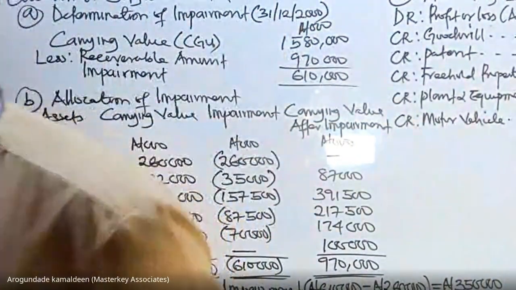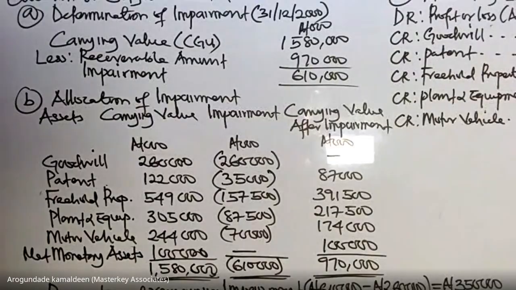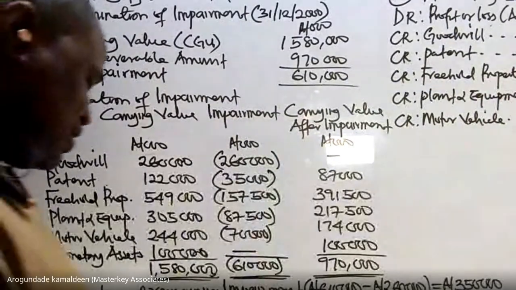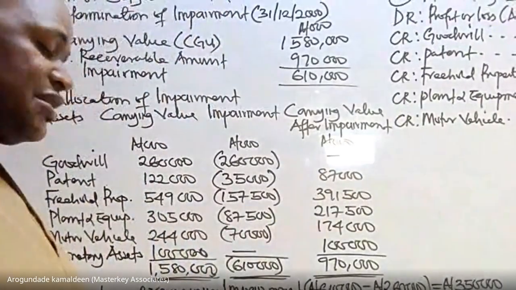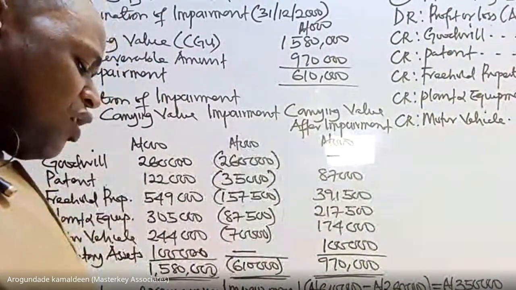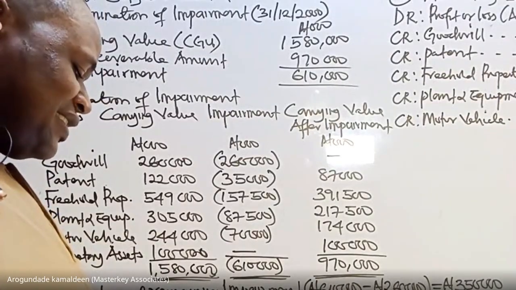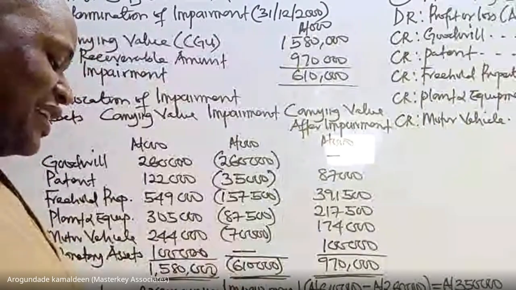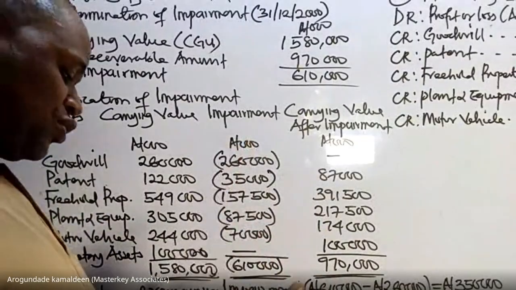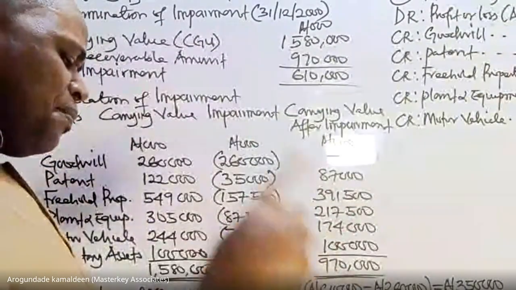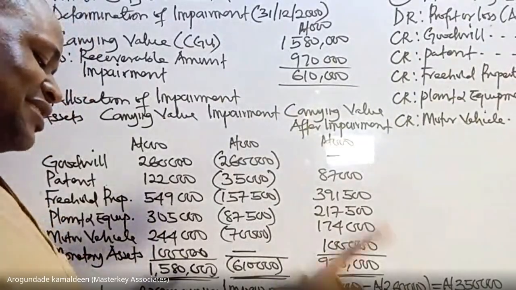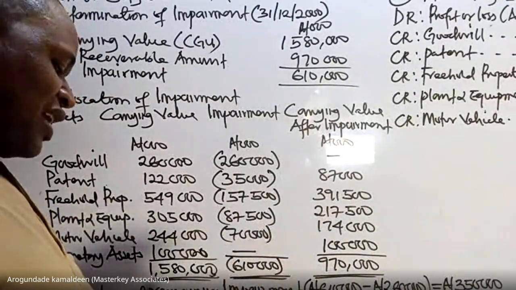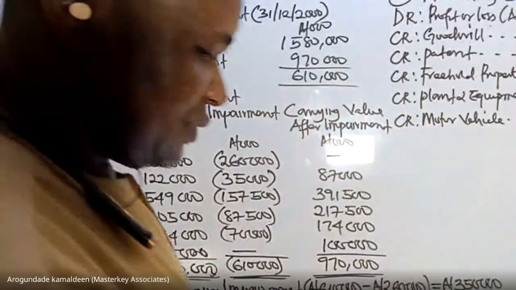Fortunately, no one was injured, but the engine was damaged beyond repair. That tells you something. Due to its age, a replacement could not be obtained, and because of the reduced passenger capacity, the estimated value in use of the whole business after the accident was assessed at 2 million. Imagine.